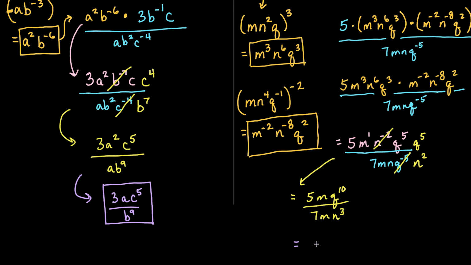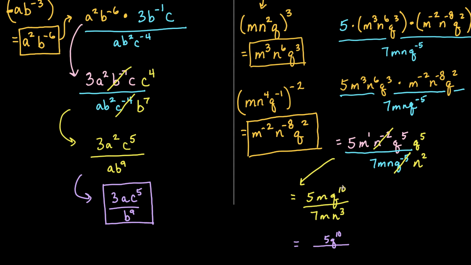5 over 7 we can't reduce, so 5 over 7. I can make that line a little nicer. The m's go away, so there's no m's. The q to the 10 stays on top.